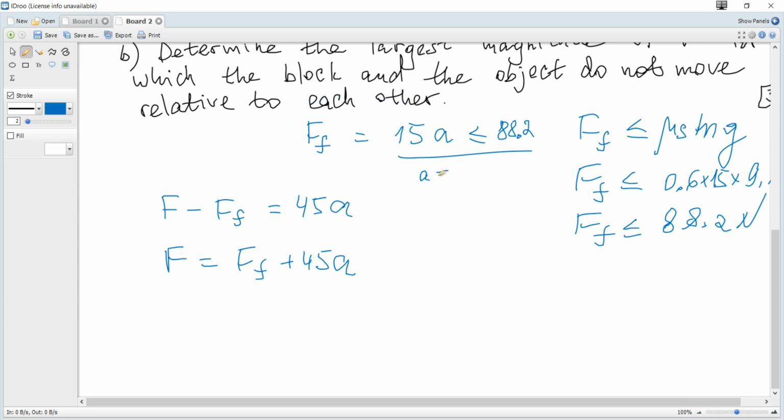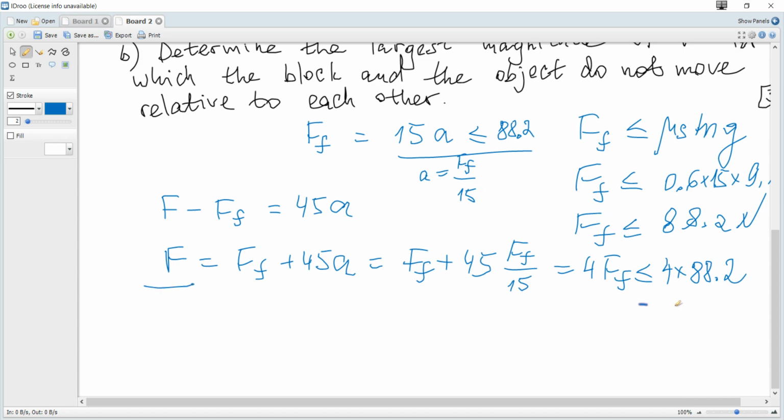So a is what? F frictional over 15, and it becomes F frictional plus 45 F frictional over 15. You can see it's 3 plus 1, it becomes 4 F frictional, but F frictional is less than this, so it becomes less than or equal to 4 times 88.2, and you can see F maximum, or F is less than or equal to 350 newtons to two significant figures.